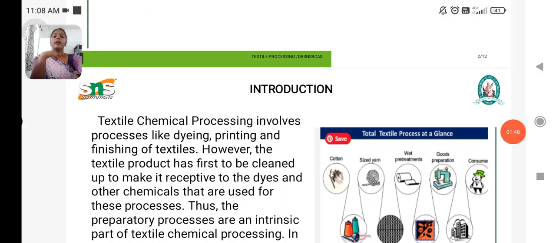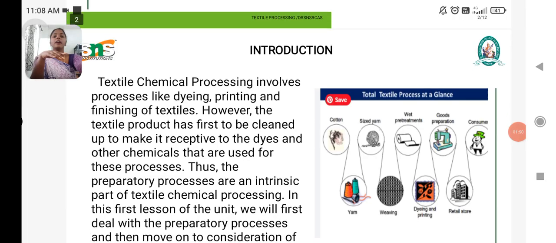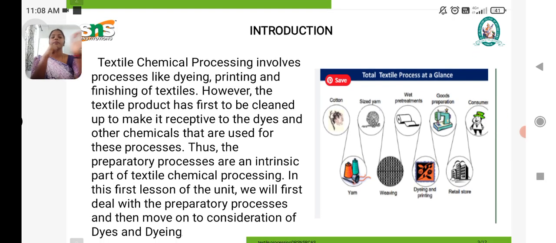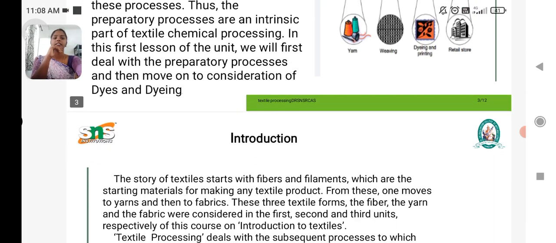Then we have to see the introduction for this. The preparatory process is an integral part of textile chemical processing.